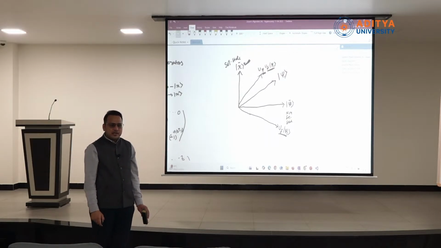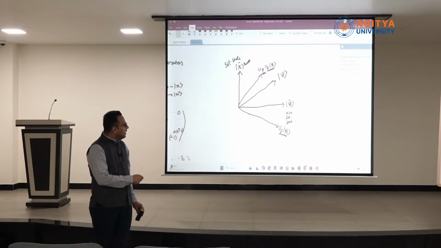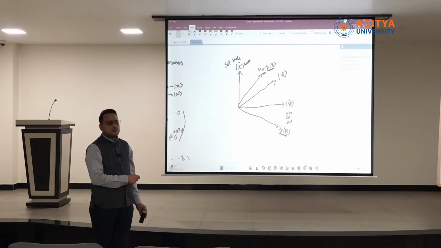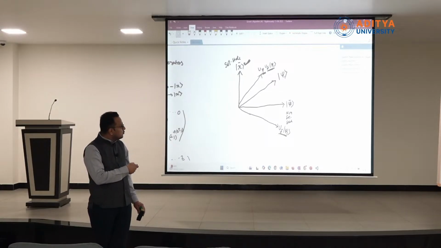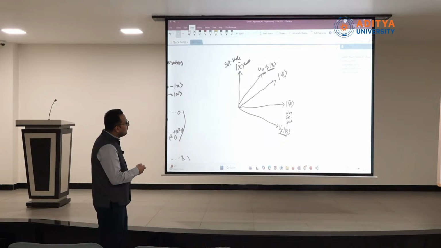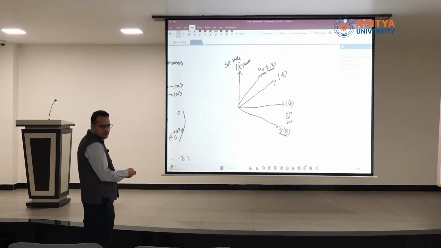Among this superposition of states, our desired item has to be reflected here. So what we perform is the UF operation. This is the reflection operation. We have just negated the phase.